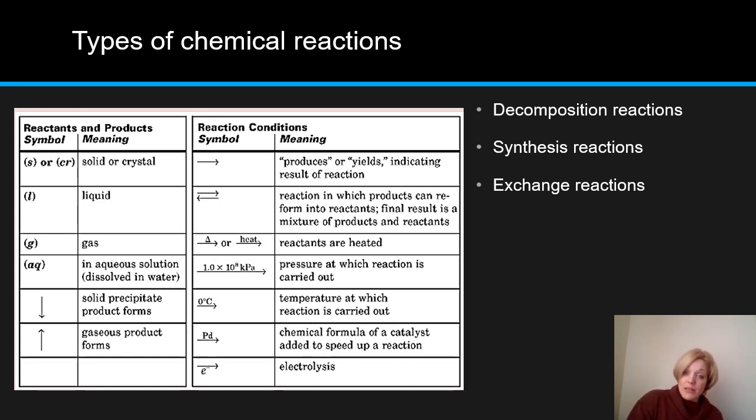Then for a double displacement reaction, there is a swapping of both components or compounds completely. The cations and the anions swap completely, and you are left with two or three completely new compounds. So there's no byproduct, there's no element or ion that's by itself.